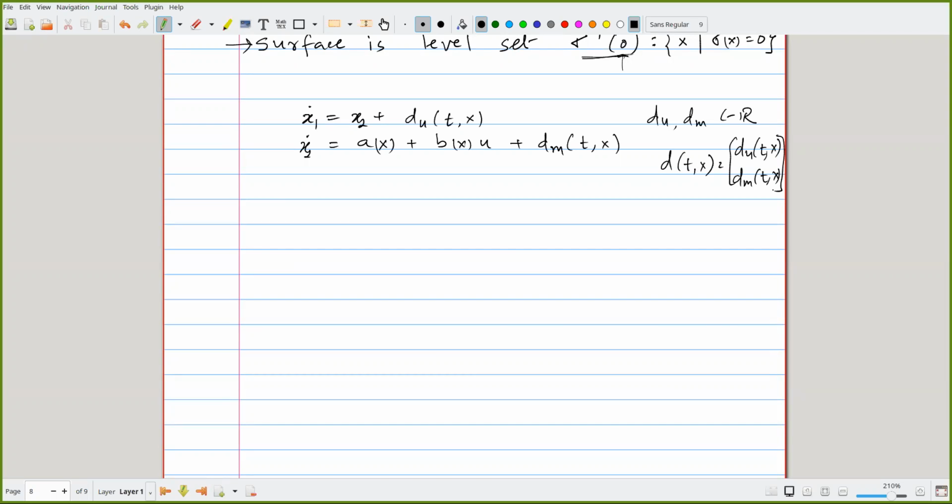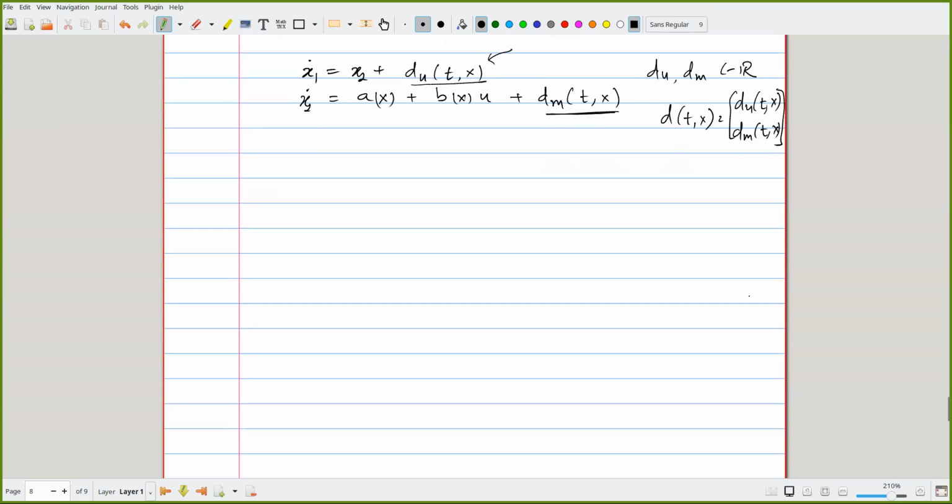The disturbance with subscript m, d sub m, is the matched disturbance, and d sub u is the unmatched disturbance. Now where does this disturbance cause trouble? Let us do the same analysis, and we will immediately see the trouble this disturbance can cause in the stability of the zero dynamics. Correct?